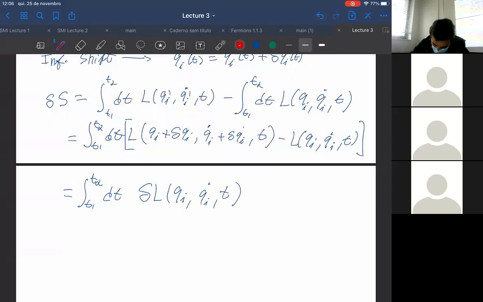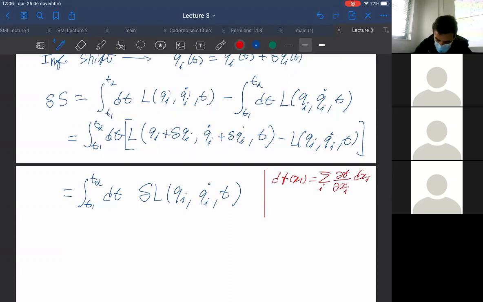When we do calculus, you know this formula: df is the sum in i of df over dx_i, dx_i.